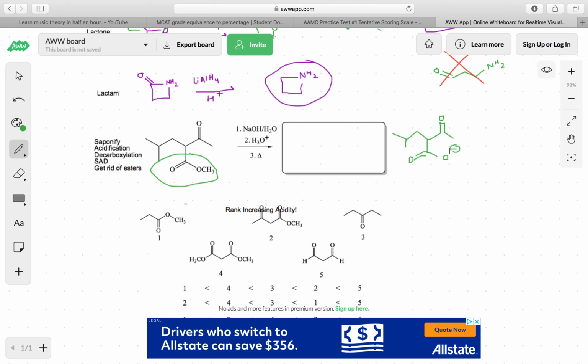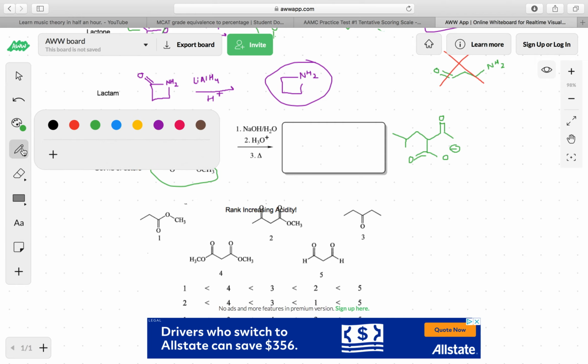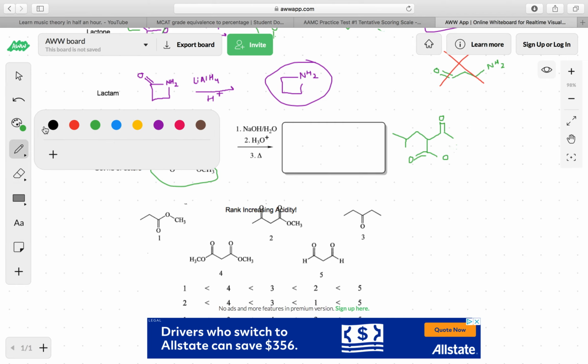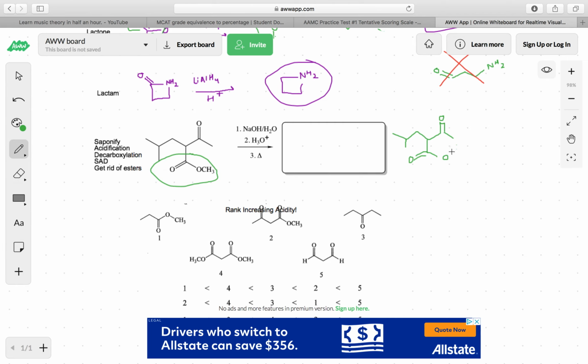Cool. Now we have to acidify it, so we're just going to add on a proton. I'm going to erase that negative charge and replace it with an H. So you just regenerate a carboxylic acid. So the first 2 steps of SAD, you just turn an ester into a carboxylic acid.